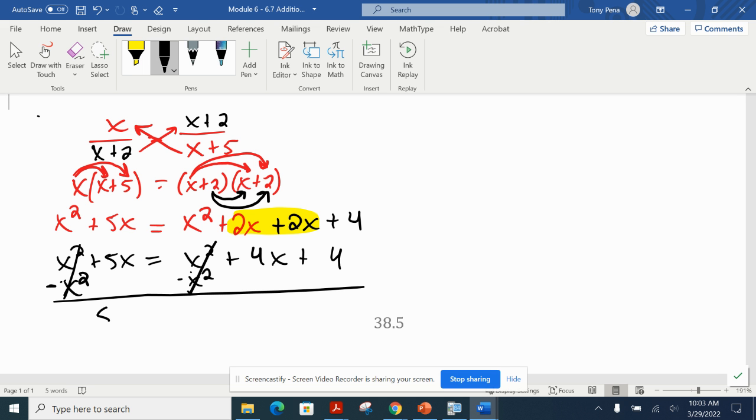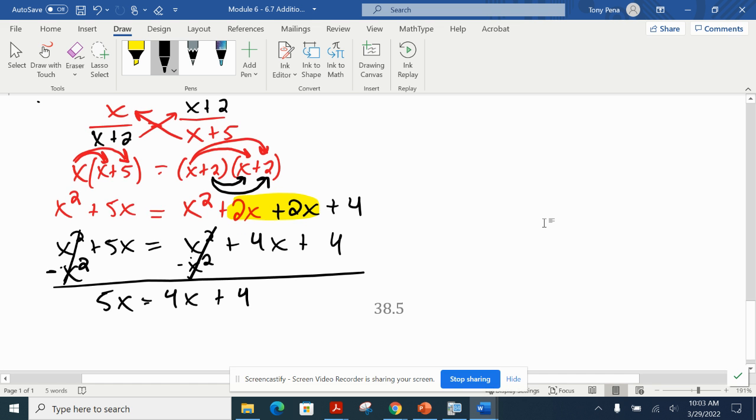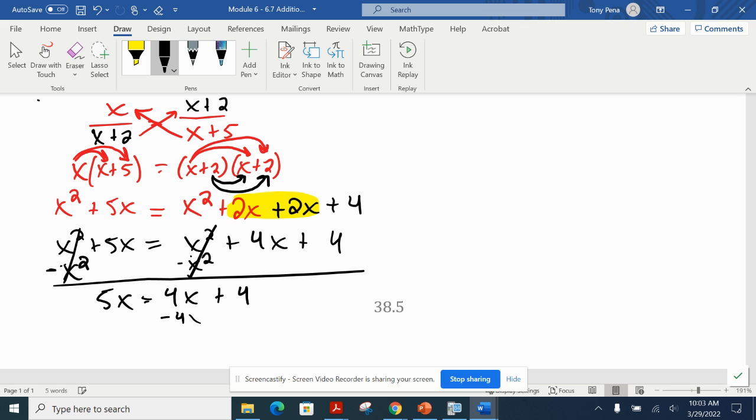Yeah, so the nice thing is you now end up with a really easy equation to solve. Because now you just have this guy. To solve that, we'll subtract that 4x over. So we now just get the 1x that we want, and then we see that x is equivalent to a 4.